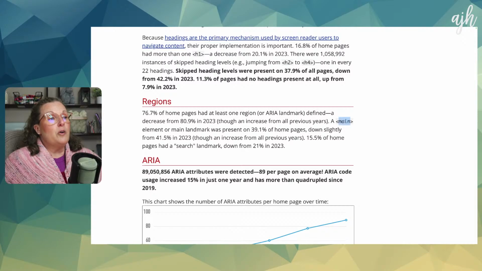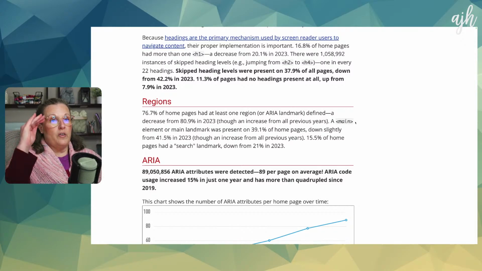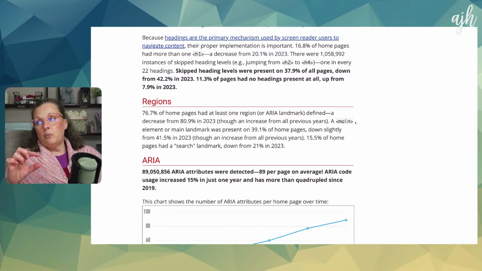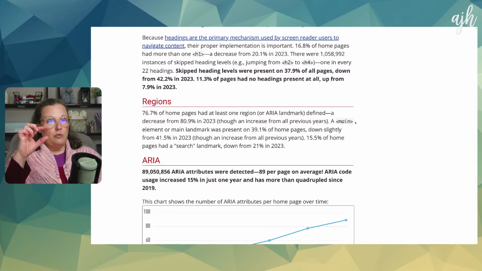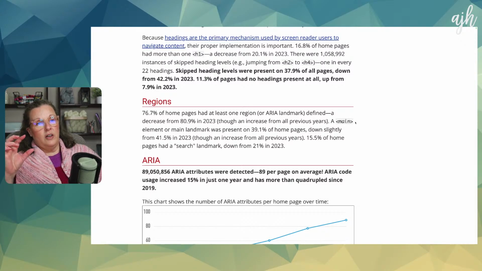What's interesting about this is that I didn't start using main until, I mean, recently. It's maybe been 2 or 3 years. So I think it's really important to make sure that you've got your body, and then within your body, you have your header, your main, your footer. Those are the three things that anytime I start a new project, I add those three things immediately to make sure that I don't forget them.